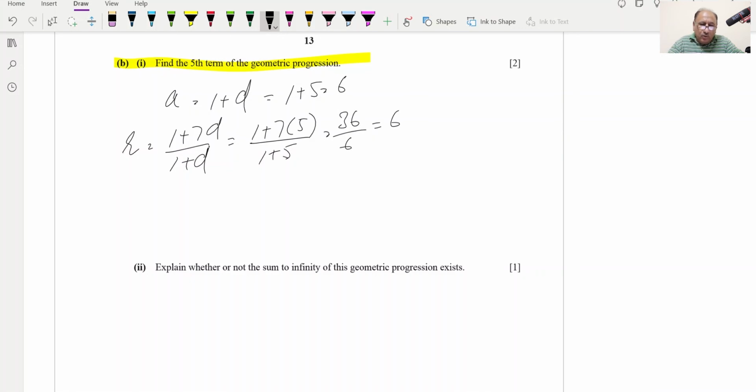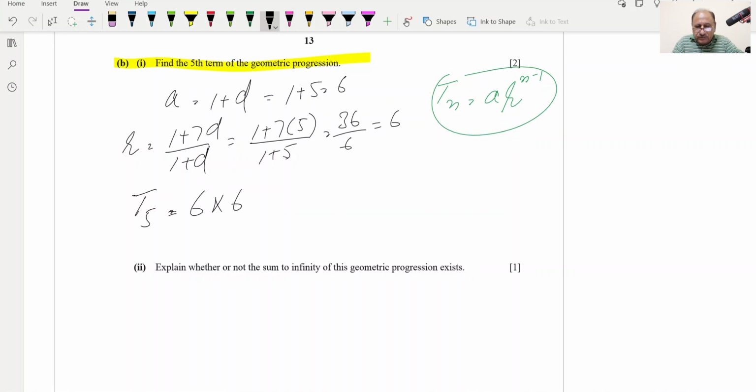So R value also we got, and we have the formula, and the formula is what? Tn will be equal to A R raised to the power n minus 1. So using this formula, we will get T5. T5 will be equal to A. A is 6 and R value is also 6.